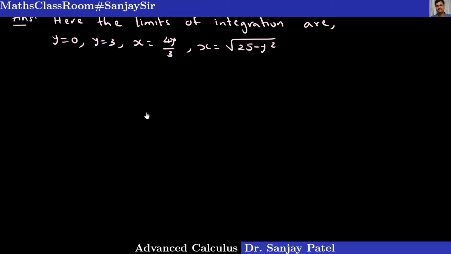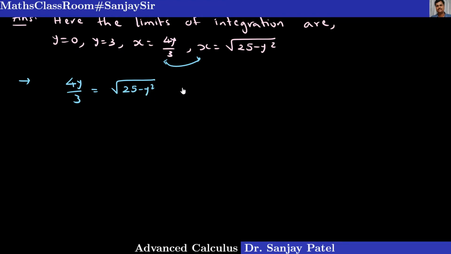And for that, first of all, let us find the points of intersection of these curves. So first of all, I am taking these two curves. Here we have x is equal to 4y by 3 and x is equal to square root of 25 minus y square.